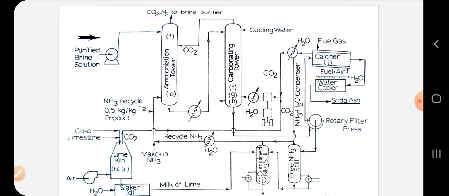Now in this carbonation tower, gradually bicarbonate cakes start to deposit on the surfaces. Now liquor from the carbonating tower is passed through a series of 4 to 5 remaining towers in the production line. So after this carbonating tower, again there is a series of towers, and the liquor is passed through those towers.